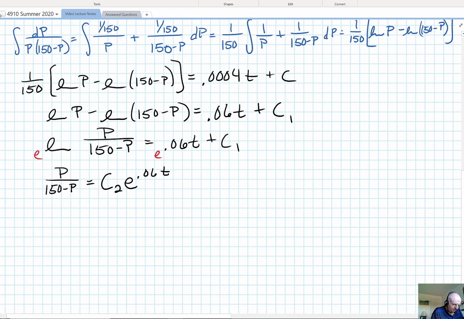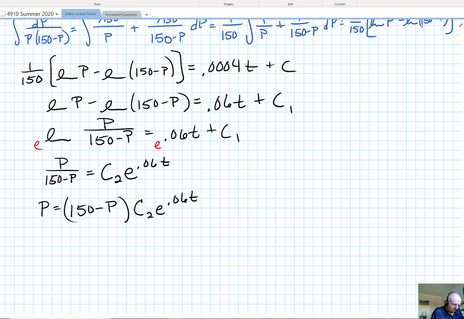Okay, so now the question is, can we solve that for P? And we can. There's a little algebra involved. The thing we would do is multiply this over to that side and distribute it through.